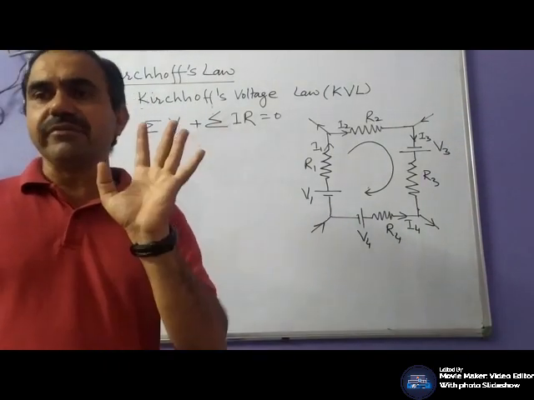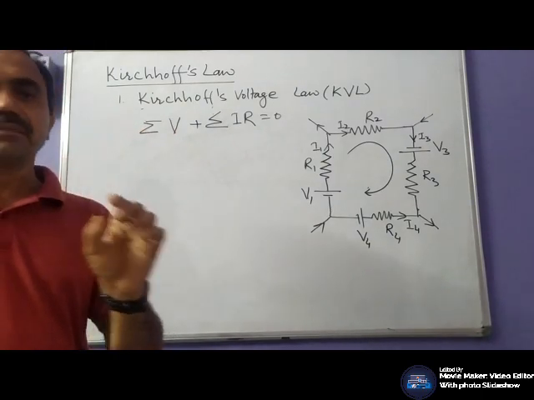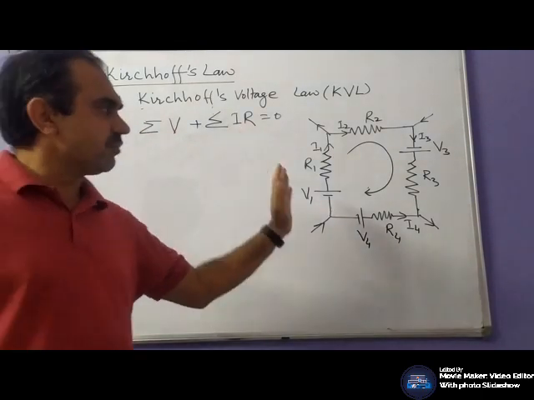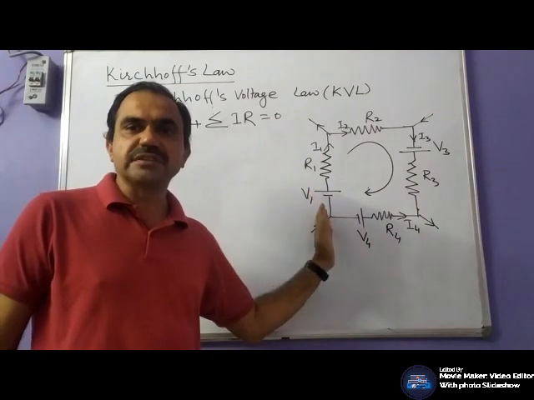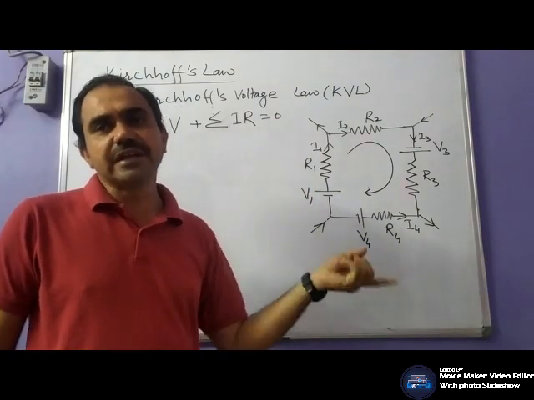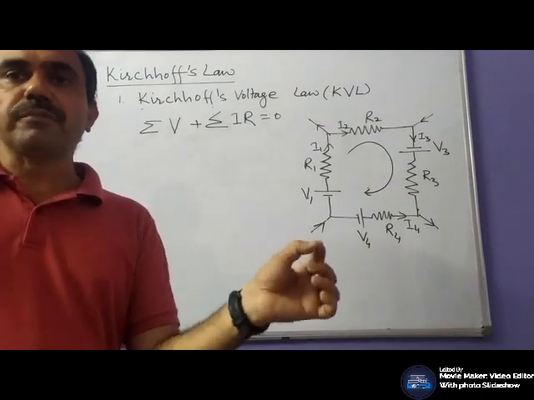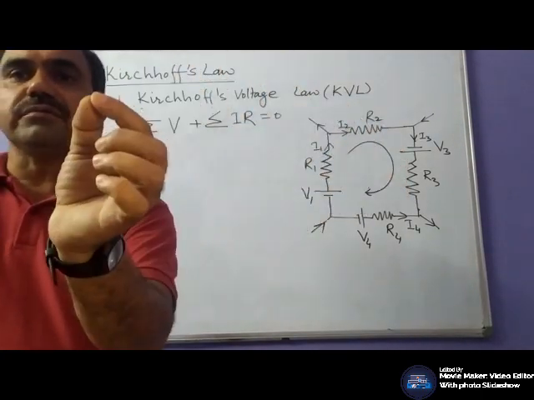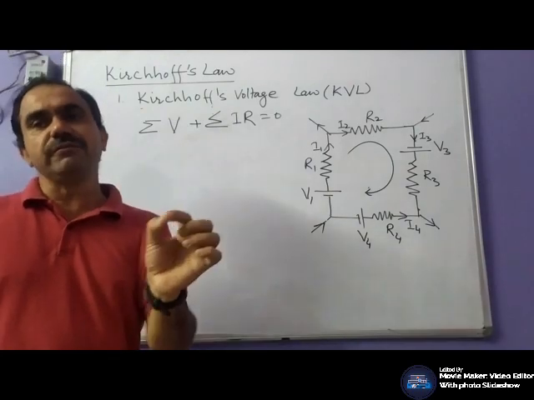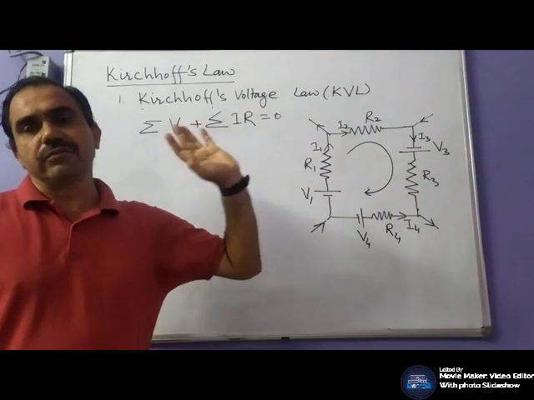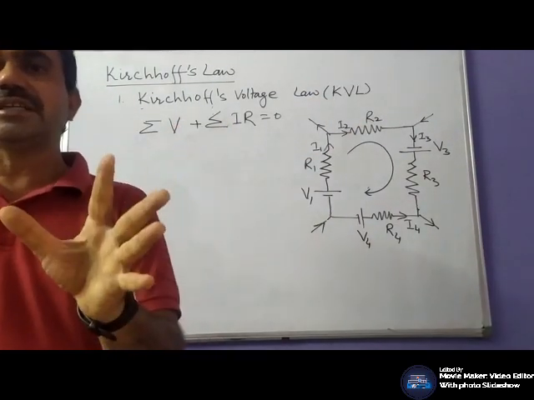You can choose anyone, but whatever point of reference you have selected initially, you will continue with that. If you consider moving from lower potential to higher potential as positive, it will remain positive throughout your network. There will be no change.